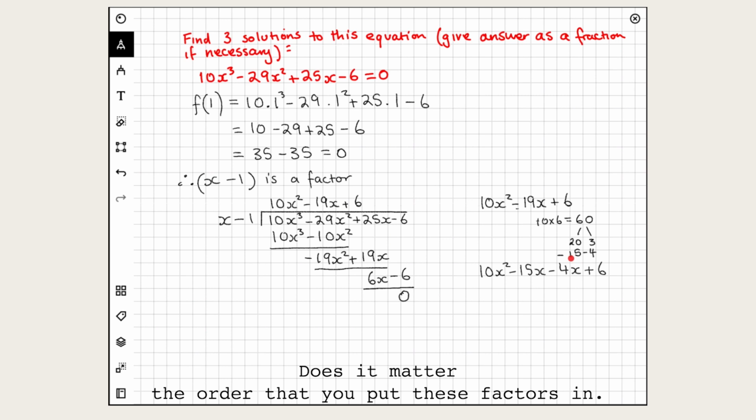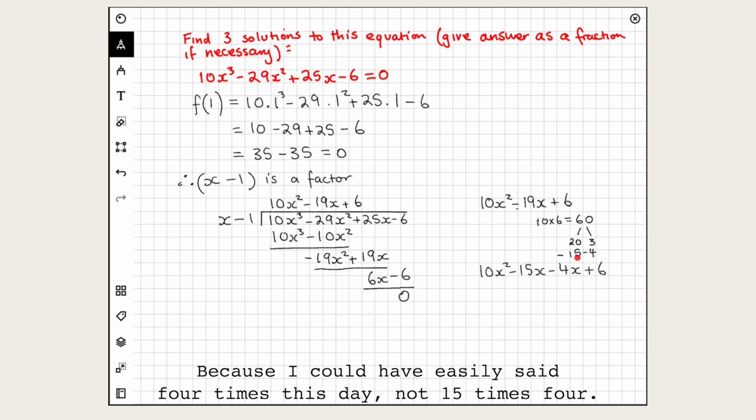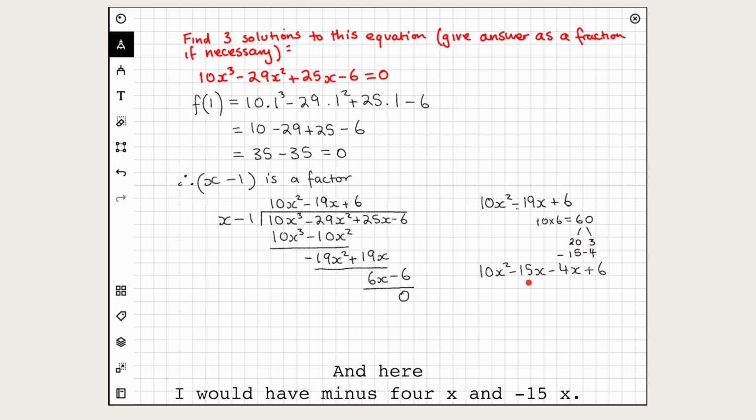Sometimes I'm asked, does it matter the order that you put these factors in? Because I could have easily said 4 times 15, not 15 times 4, and here I would have minus 4x and minus 15x. Actually, it doesn't matter. You'll see that we get the same factors at the end.